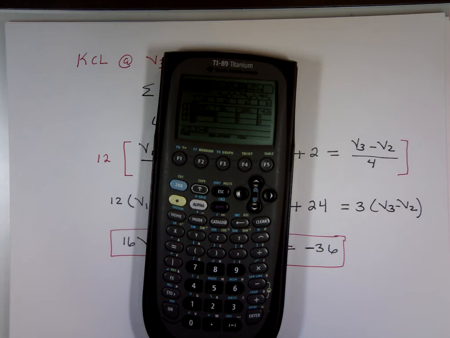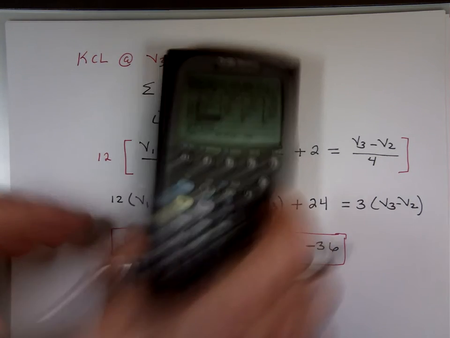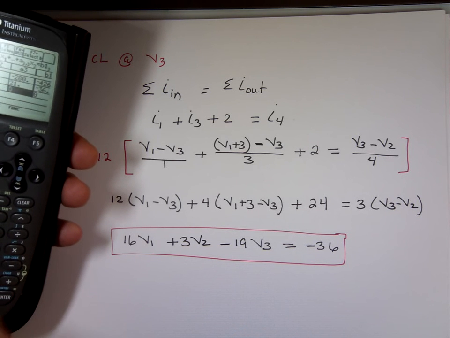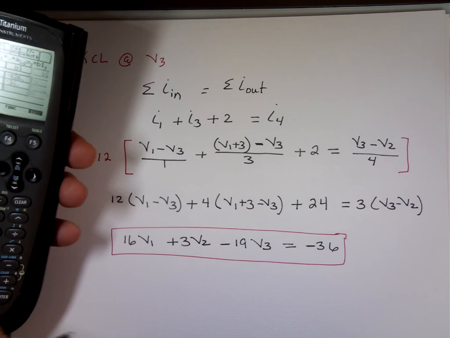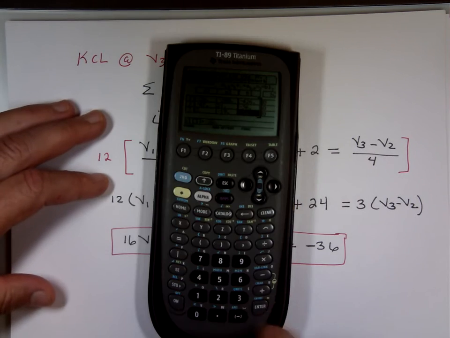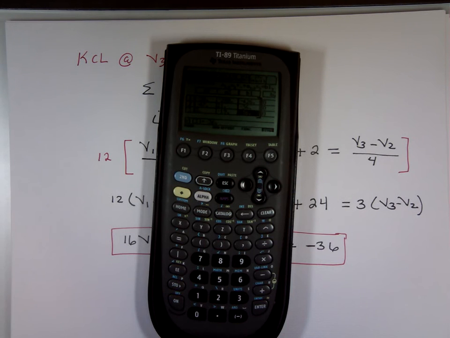The second equation has 12, negative 47, 21. The answer is negative 36. The third equation has 16, 3, negative 19, negative 36. So I said solve. And here are my answers.